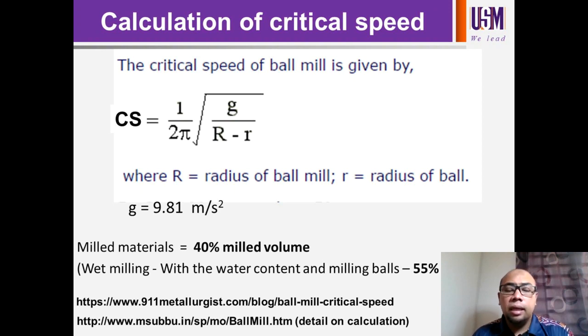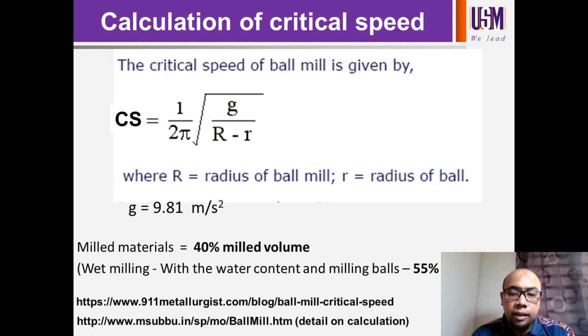The capital R and the small r refer to the radius of the ball mill and the radius of the ball. The radius of the ball mill means the radius of the container minus the radius of the ball size.